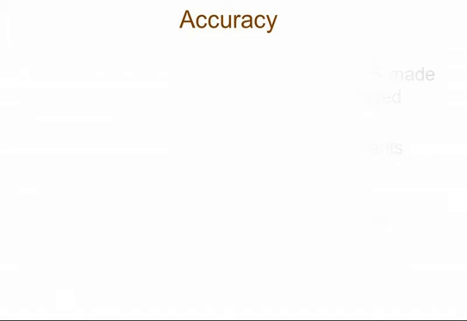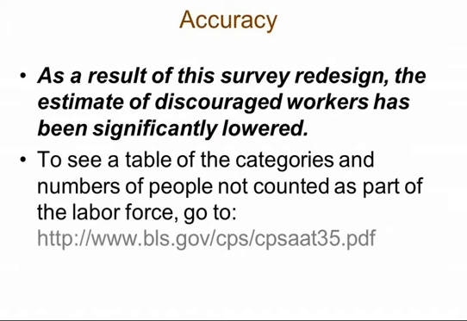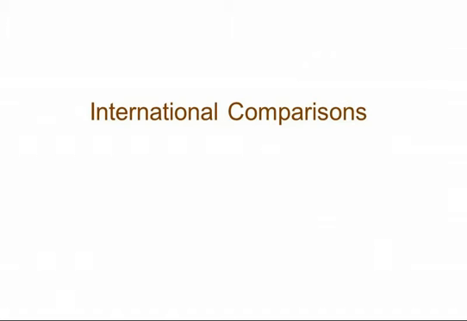So let's talk about international comparisons of unemployment rates. Now, keep in mind, the way the United States measures unemployment is different from the way that France measures unemployment. So to make a comparison can be difficult.